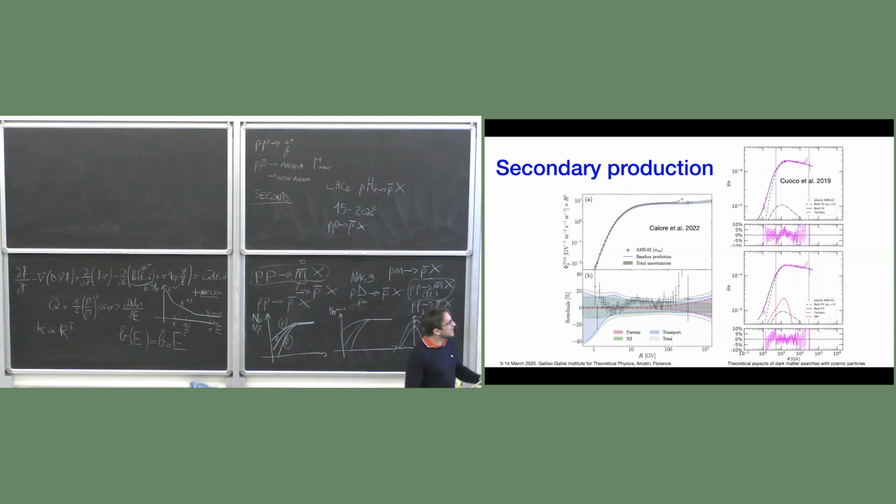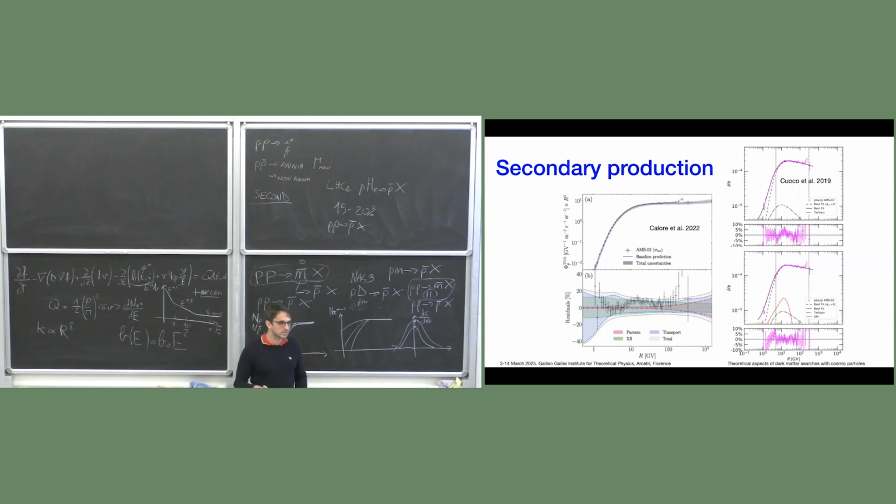But the problem is that theoretically, for astroparticle physics, at least at the moment, they have been generous here, but I think the uncertainty is actually larger. So probably you have a 20% uncertainty here for the cross sections.